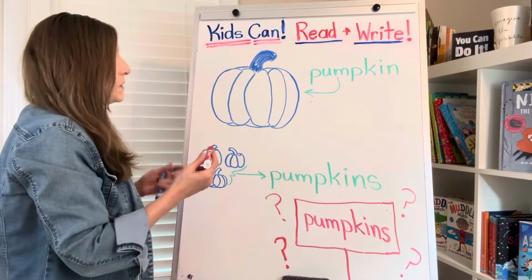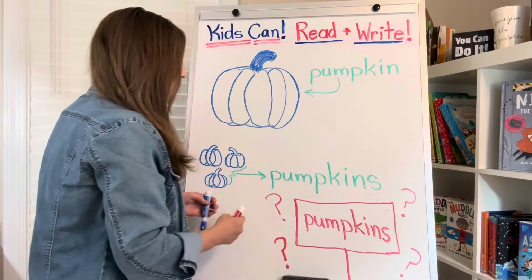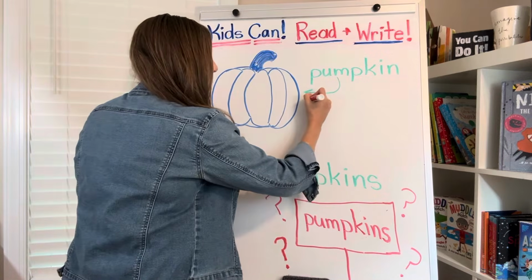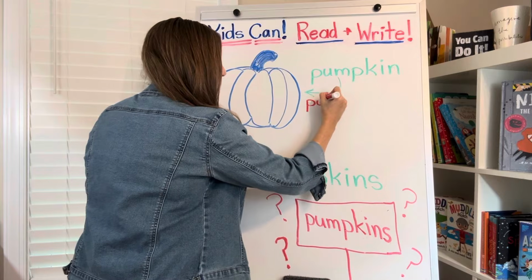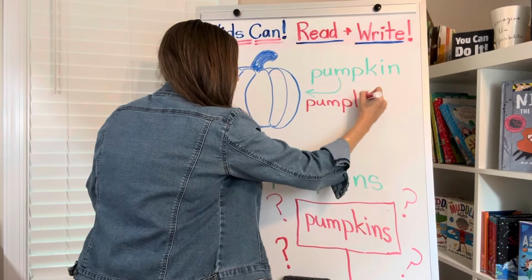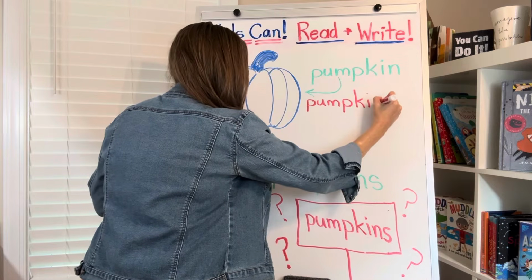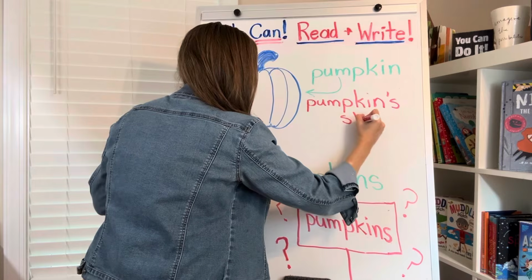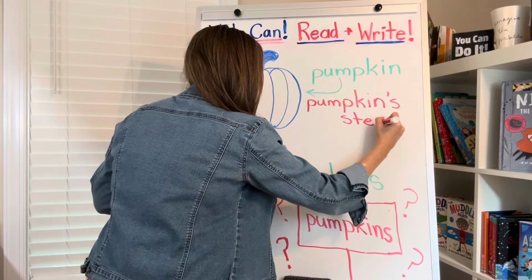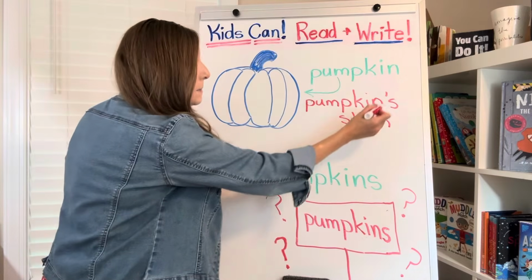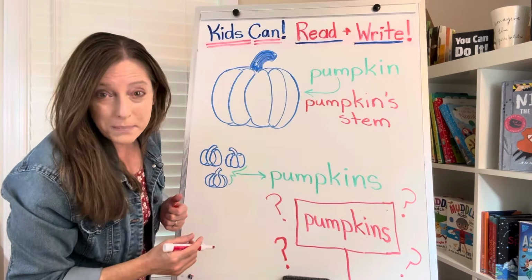Now, if you want to say something belongs to that pumpkin, maybe you want to say the pumpkin's stem, okay? You would do like that because the stem belongs to the pumpkin.